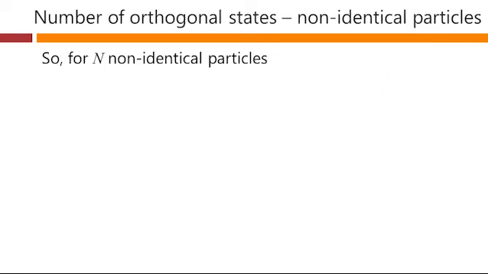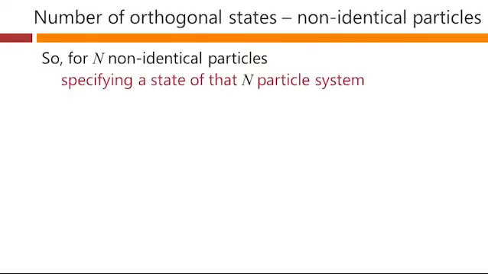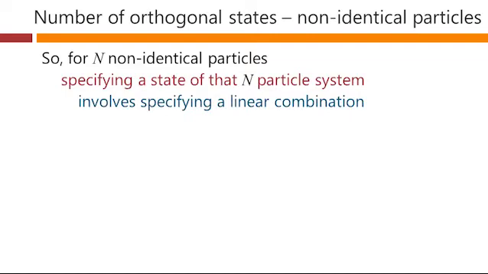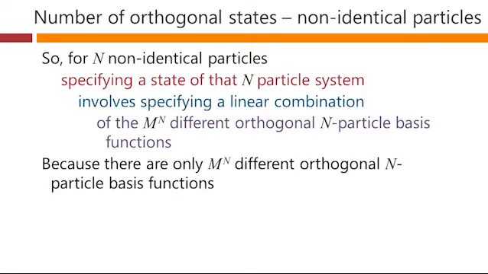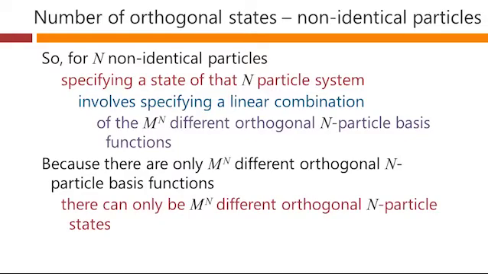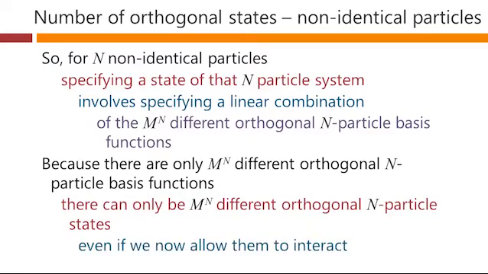So, for n non-identical particles, specifying a state of that n-particle system involves specifying a linear combination of the m to the power n different orthogonal n-particle basis functions. Because there are only m to the power n different orthogonal n-particle basis functions, there can only be m to the power n different orthogonal n-particle states, even if we allow the particles to interact.